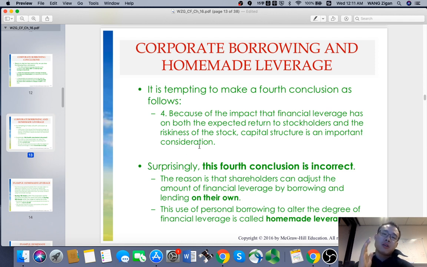In reality, so this is a very confusing part. In reality, yes, this one is right, but theoretically it is wrong. It is wrong under the current model.